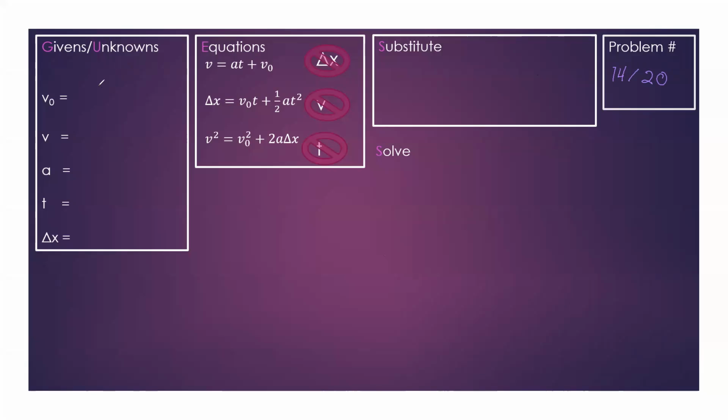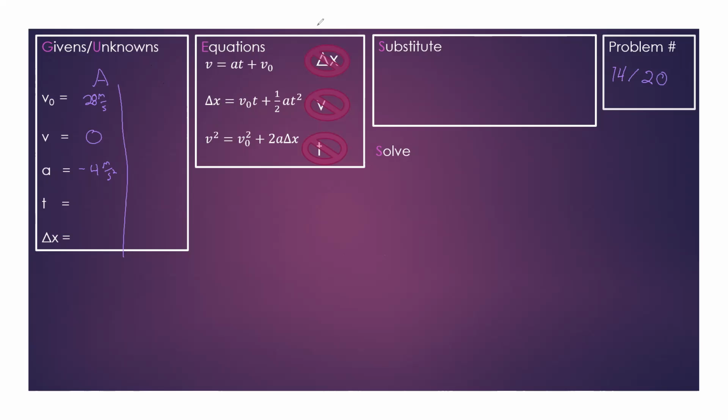So you're going to do the same thing with a train A and a train B. Train A, for 14, is traveling at 28 meters per second. They are trying to come to a stop. The acceleration is -4 meters per second squared, and we don't know the time.